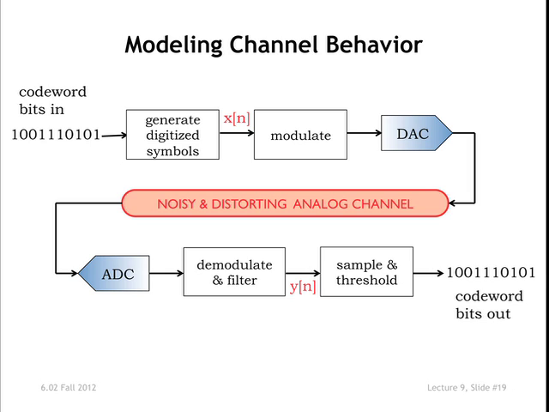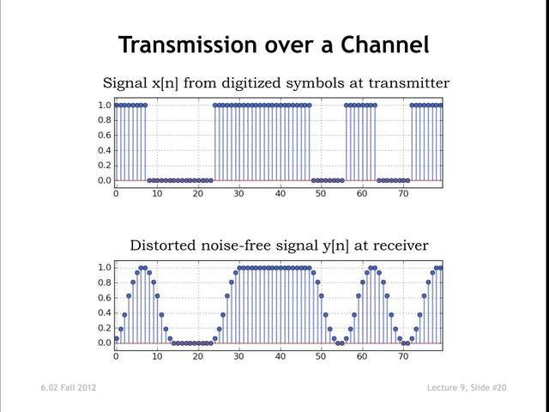I can think of that as my channel input and output. I can suppress all this other stuff, knowing that all of that goes on, but in terms of designing what I want to do with the signals, I can just look at it end to end. So we're going to talk about models for end-to-end behavior from the discrete time sequence that goes in to the discrete time sequence that you reconstruct at the other end. Okay?